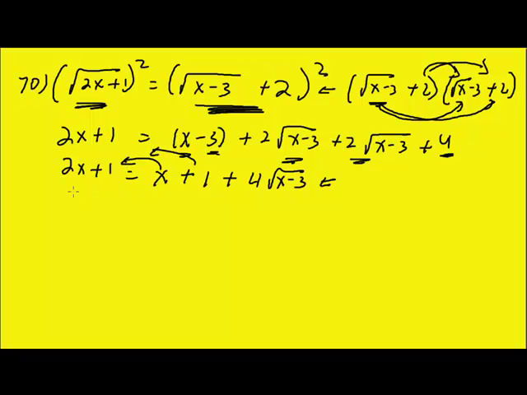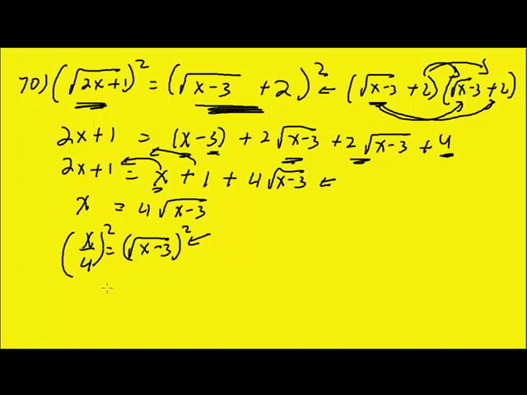When I take the x over, I just get an x because it turns minus. When I take the 1 over, that goes away, and I have 4 times the square root of x minus 3. I'm going to divide both sides by 4, so I have x over 4 is equal to the square root of x minus 3. Now I've isolated my radical, so that means I'm going to square again. When I square again, I'm going to get x squared on the top and a 16 on the bottom, and I have x minus 3.